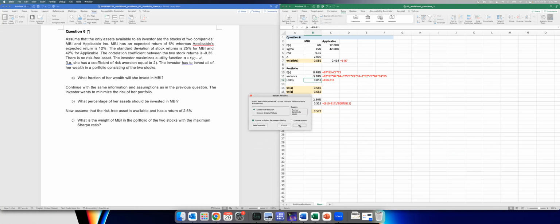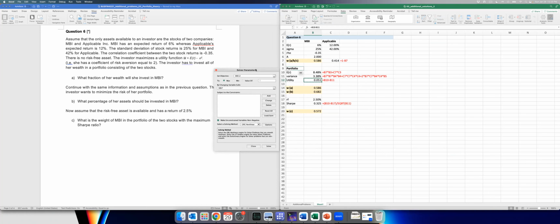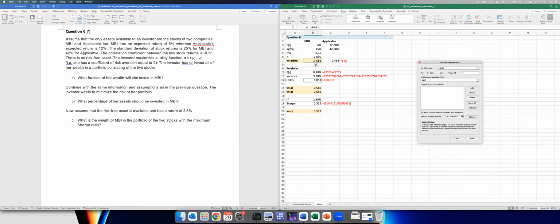You can click OK to accept the value. You see that the value has changed from 0.5 to 0.586. And this is the solution for the first question. This is the fraction of her wealth that she should invest in NBI. So we put down 0.586 here for question A.